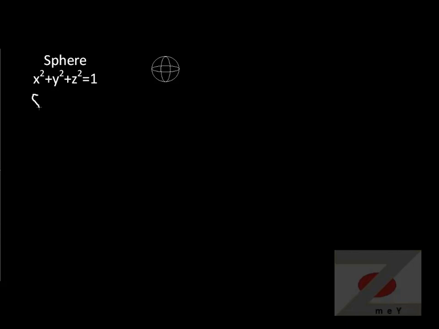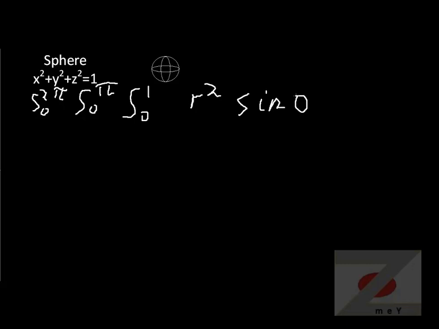So this would be the integral between 0 and 2 pi, then the integral between 0 and pi, and the integral between 0 and 1 of r squared sine theta dr d theta d phi.